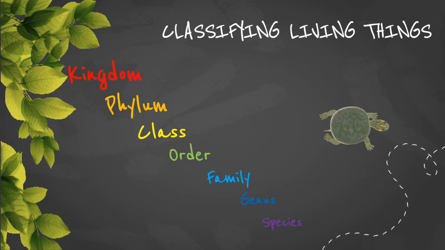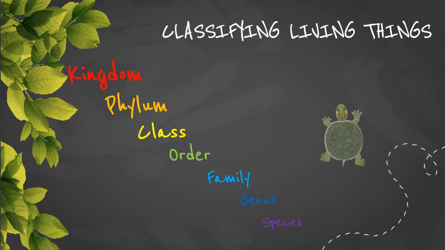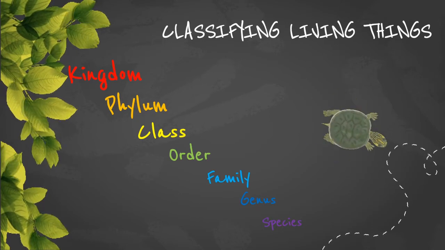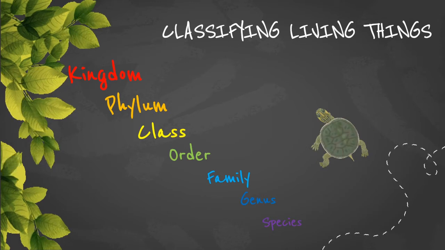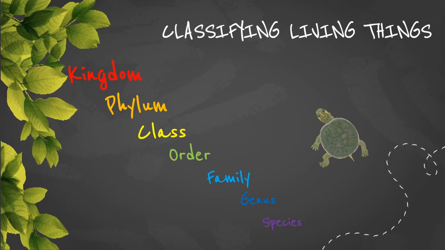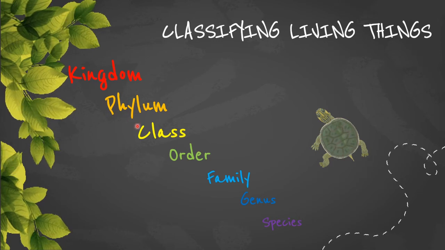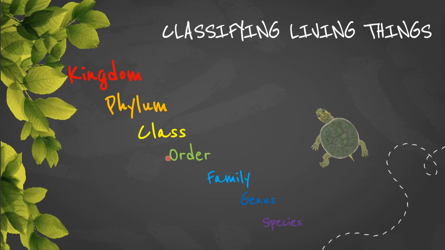Now, when we're classifying living things, this is the system that we use. We start at the kingdom and we end at the species. So we're going to use kingdom, then phylum, then class, then order, then family, genus, and species. You guys think you can remember that?